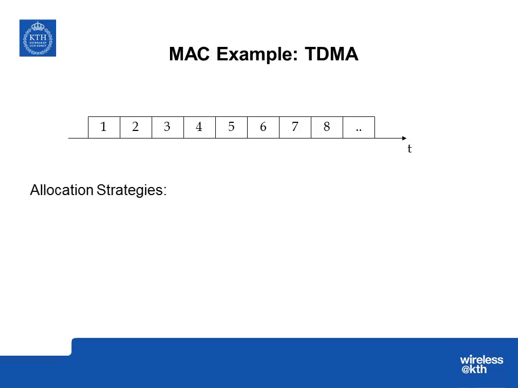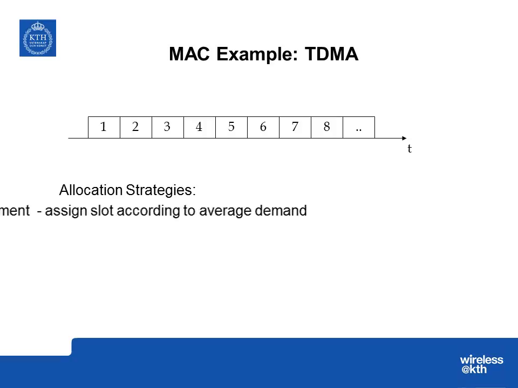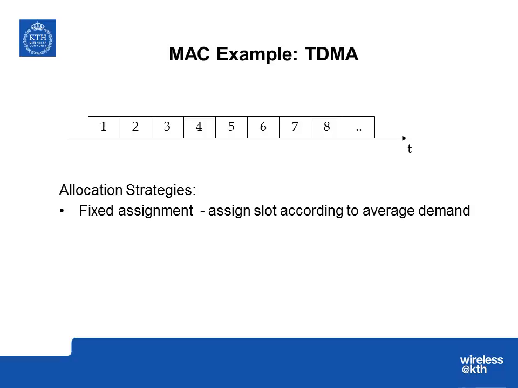And there are a number of allocation strategies. The simplest one we can think of is what we call fixed assignment. We assign slots to the different transmitters according to the average demand. In the simplest case, if the traffic is the same on average on all the sources S0 to Si-1, we simply allocate one slot each.